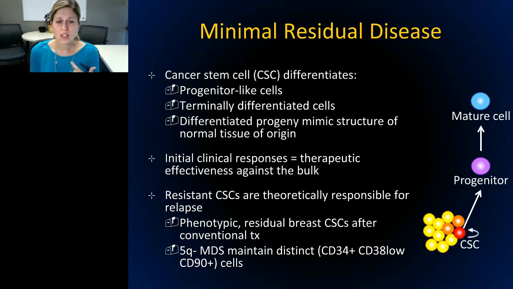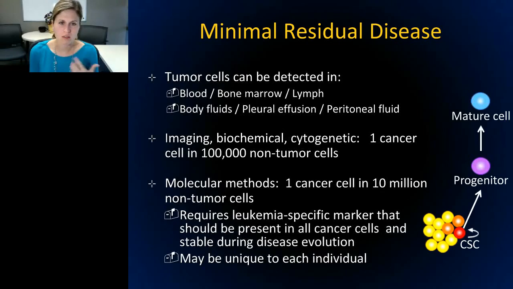But there are some resistant cancer stem cells that are likely to have escaped that therapeutic regimen, and therefore that's what we are trying to detect. This has been described in breast cancer cells after conventional treatment, and has also been described in a number of different hematologic malignancies, especially the 5q- myelodysplastic syndromes, in which there are specific cell types that are resistant to chemotherapeutics and remain behind, so that we say a patient has maintained this state of minimal residual disease.